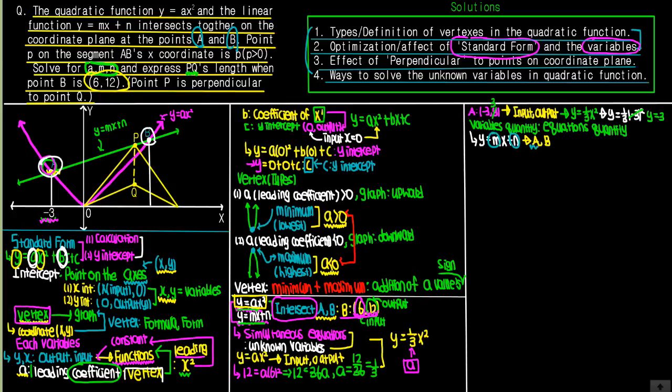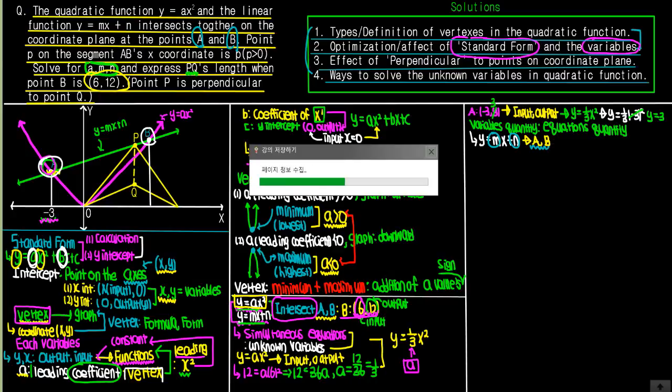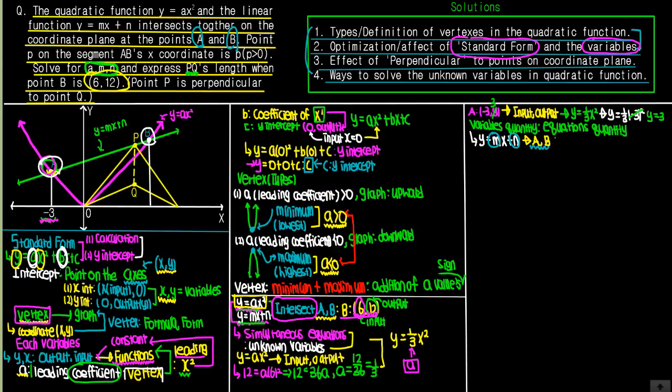We have our point A and B. So two equations with two things that we need to solve. This is where we can apply our simultaneous equations.